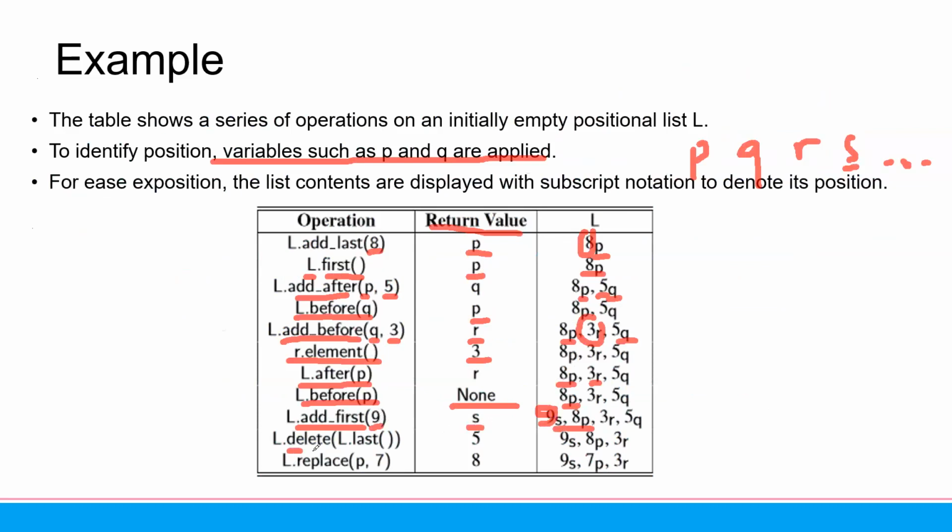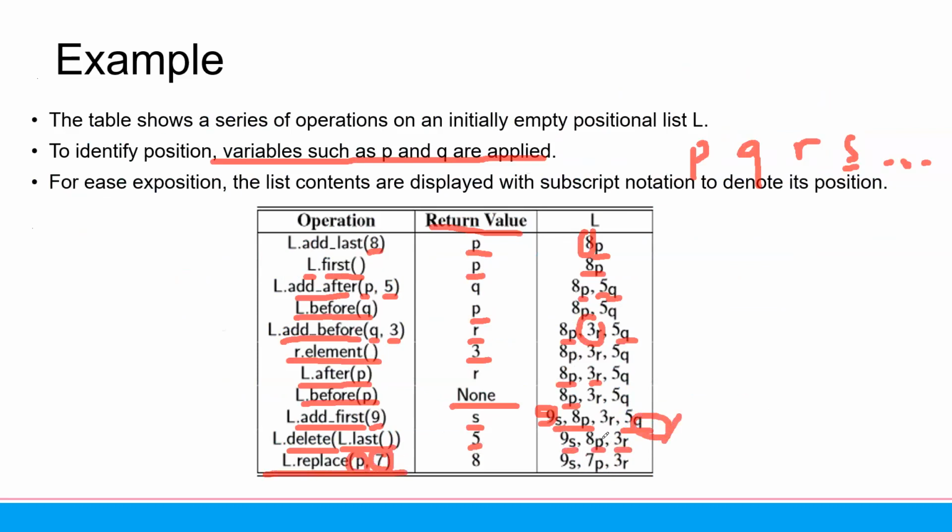I want to delete the last element, and the last element will be this one. So it will return 5 and then this element will be deleted. So now it becomes 9 S, 8 P and 3 R. I want to replace the position P with element 7.